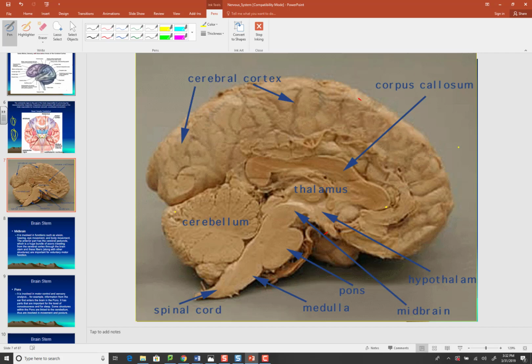Then you get to the hypothalamus. We all know what the hypothalamus is involved in, right? The hypothalamus is involved in controlling hunger, temperature, and thirst. I'm going to make a very rudimentary drawing here. So here you've got the H-thal, and connected to it is a gland called the pituitary gland.